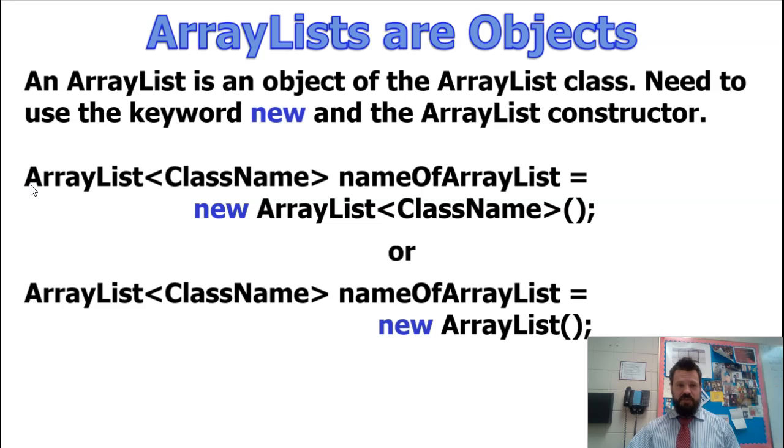I will tell Java that I want an ArrayList, and then we have these pointy braces for the type of object I'm going to put in that ArrayList. Just like if I wanted a String array, I'd tell Java I want an array of Strings here. Same thing, we need to tell Java what type of object we want to put into that ArrayList. We'll give it a name, and then we'll use the new constructor. We'll say equals new ArrayList. Once again, we'll say what the class name is that we're creating the list of, and then the parentheses here, the open parameter list.